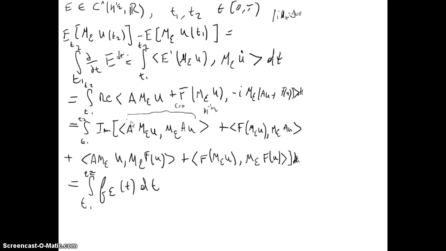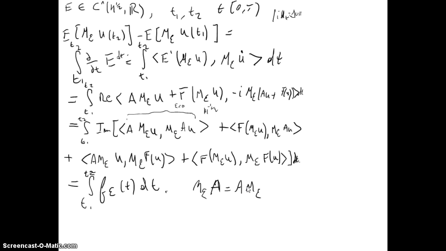So now with the help of M epsilon, with epsilon greater than 0, we can do this pairing of these two functions. Now we'll use the fact that M epsilon A is equal to A M epsilon.